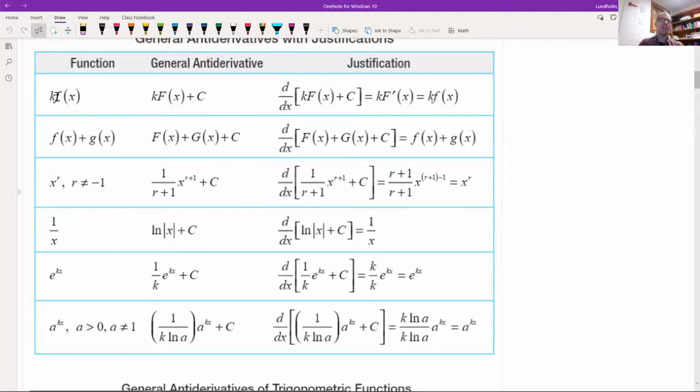This is what it looks like to have a constant multiple of a function. That constant multiple just stays along for the ride. If you're taking the antiderivative of the sum of two functions, it's just the antiderivatives of them added together, like you'd expect.